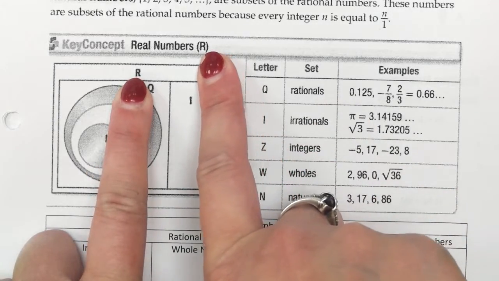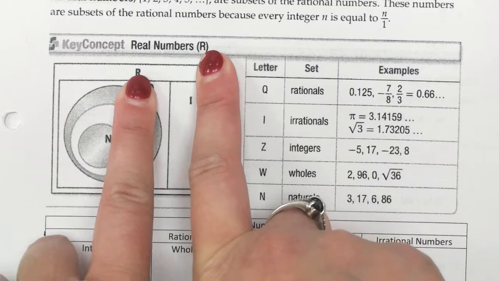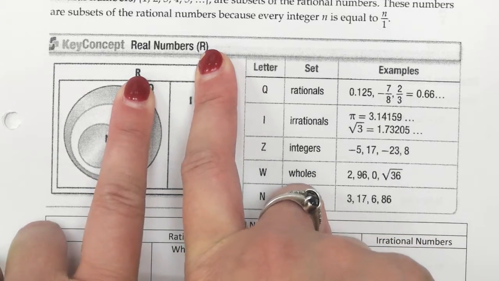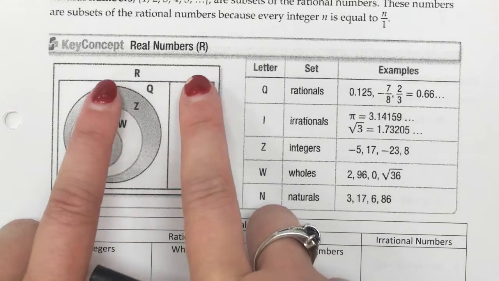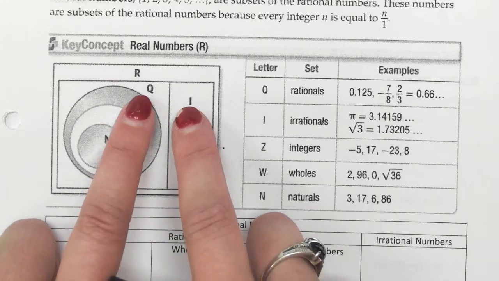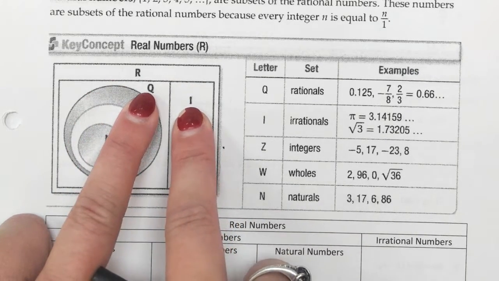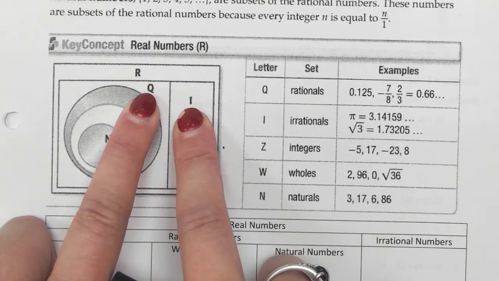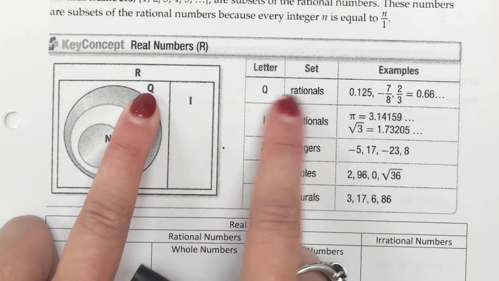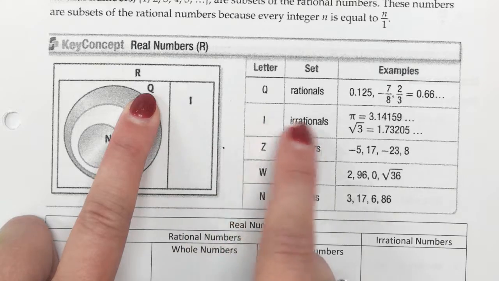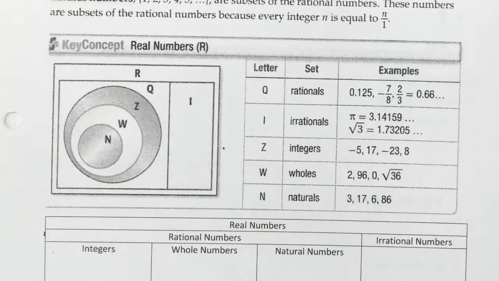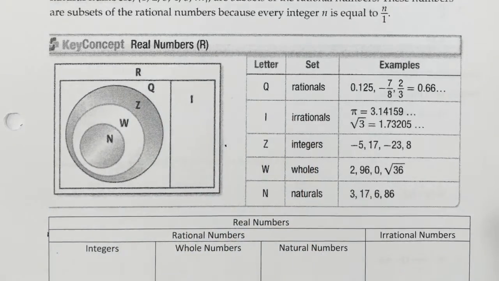Because that's right here, right? Everything is classified as a real number. Y'all okay so far? Then from there it splits into 2 sections. What are those 2 sections? How'd you know Q stood for rational? Because it's right here. How'd you know I stood for irrational? It's right there. Y'all okay? All right, keep that handy.